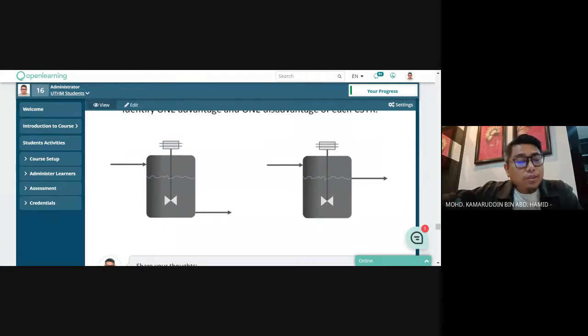So both don't have any problem in controlling temperature. The only problem is when you want to control level. On the left, of course, you need to install a level controller, whereas on the right-hand side, no need. So there is an advantage and disadvantage there.